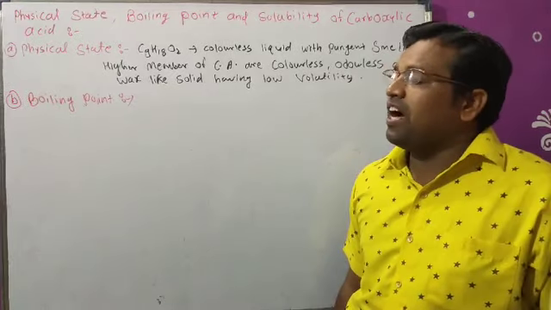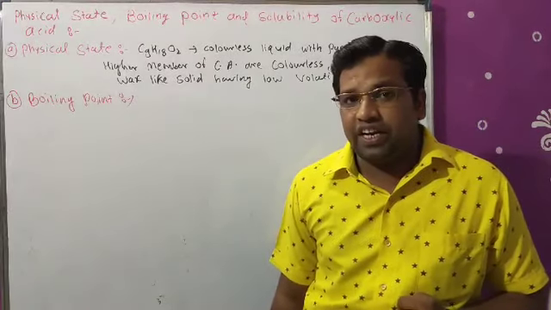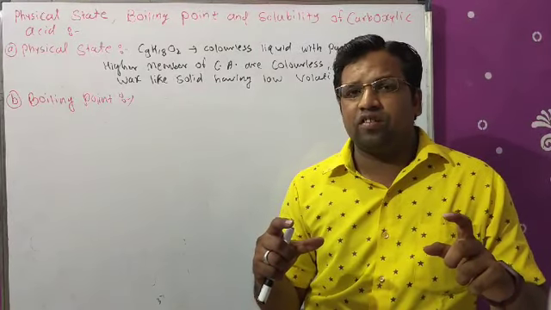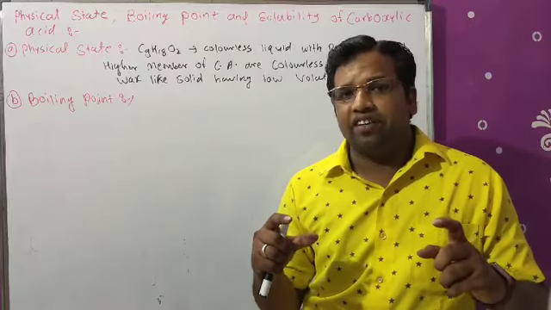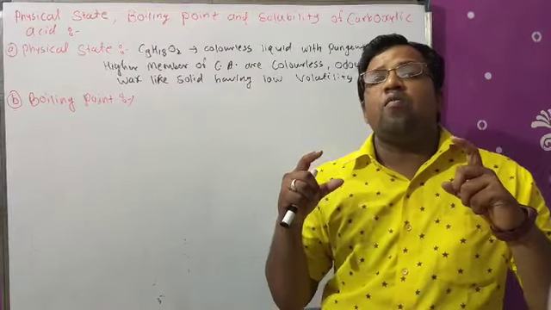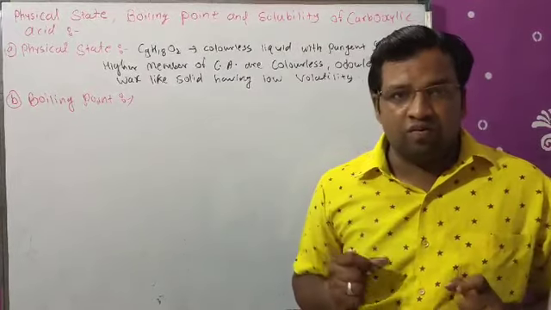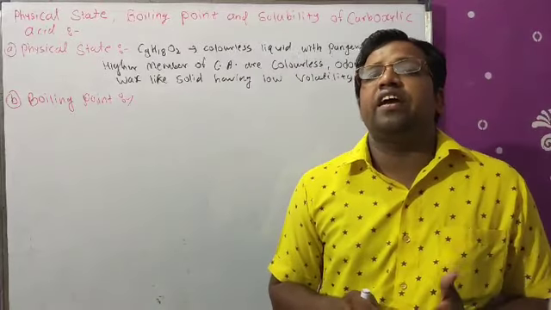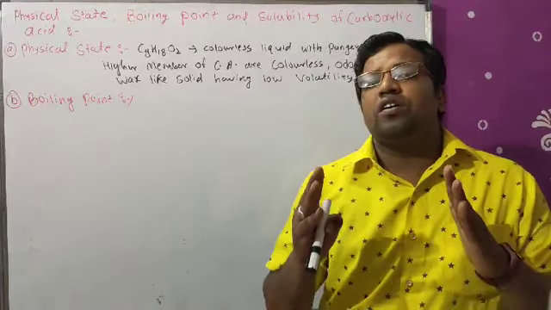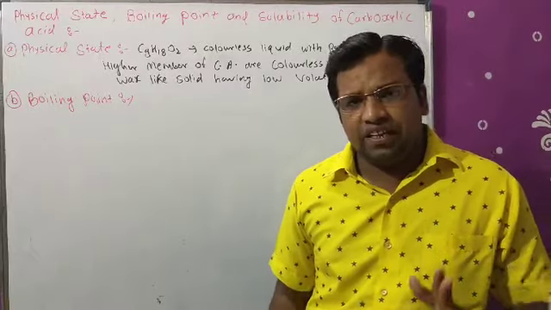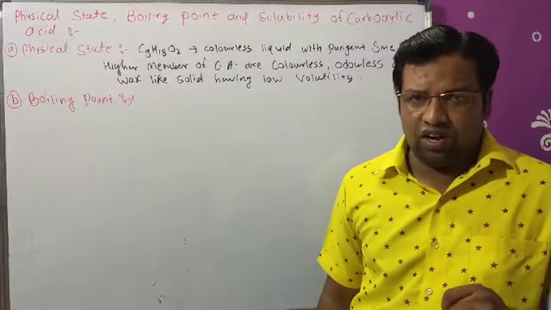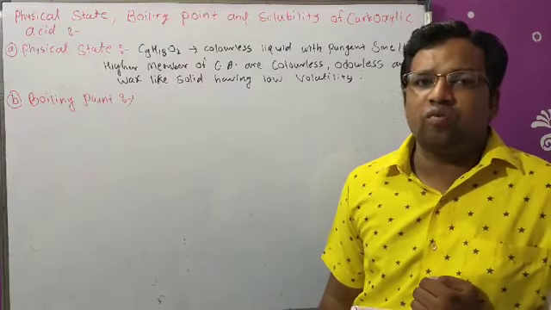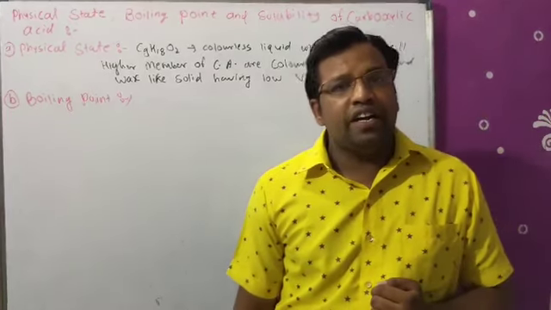Because when a carboxylic acid is in the liquid state, it forms a dimer. A dimer means two carboxylic acid molecules bonded together with hydrogen bonding. The carboxylic acid has the higher boiling point due to the formation of hydrogen bonding with itself, forming the dimer structure.